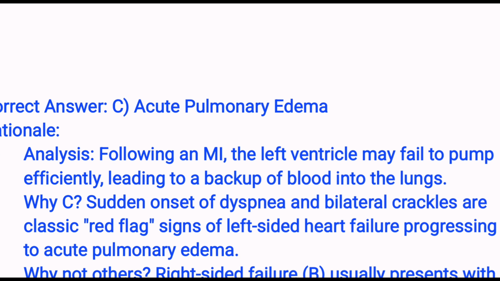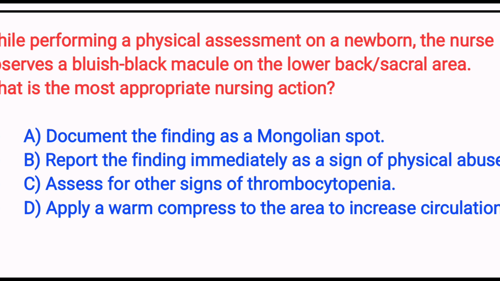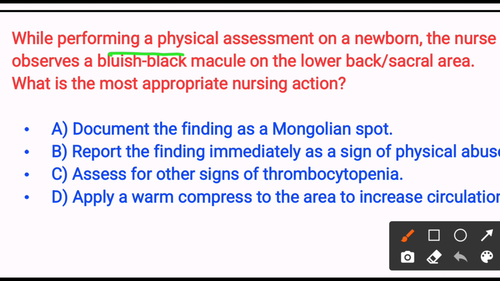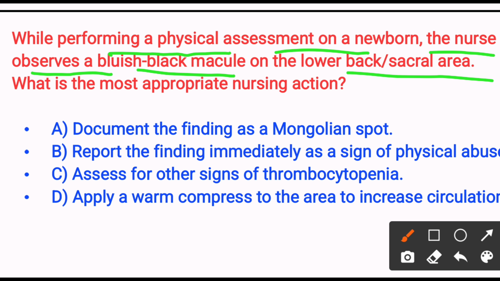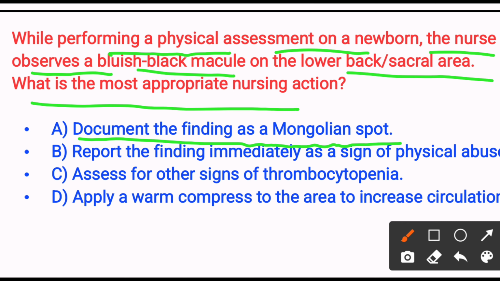Next, while performing a physical assessment on a newborn, the nurse observes a bluish-black macule on the lower back or sacral area. What is the most appropriate nursing action? Option A, document the finding as a Mongolian spot.